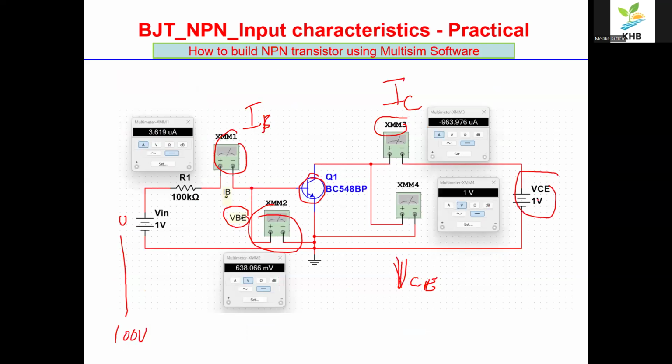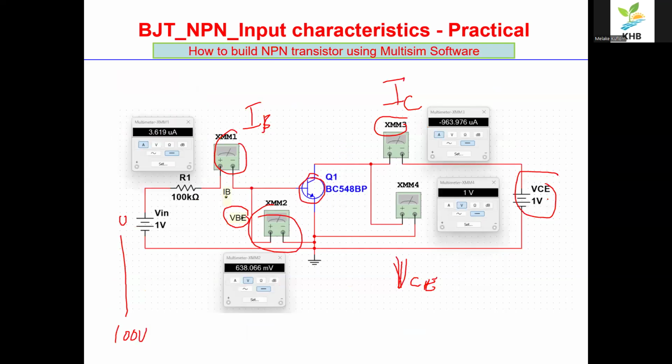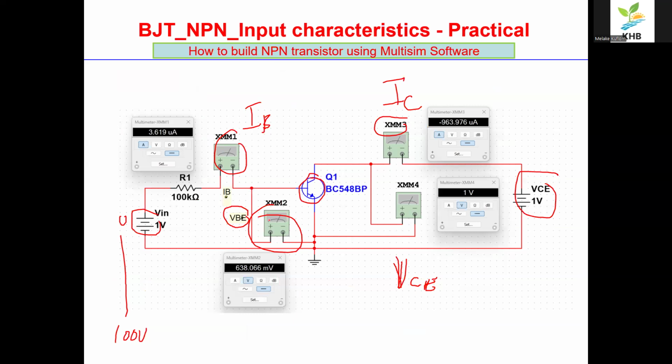Whether we increase this to 1 volt or 10 volt, 20 volt, it doesn't matter. What matters is when we increase this voltage from 0 up to a very large number, it conducts and provides IB when it is above 0.6 volt, up to maybe 0.77.